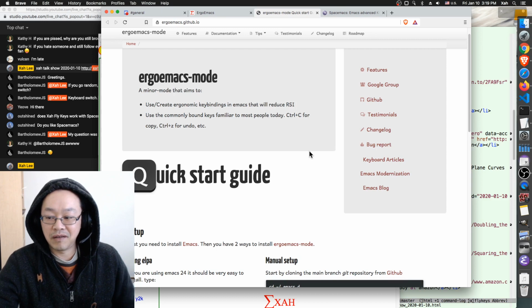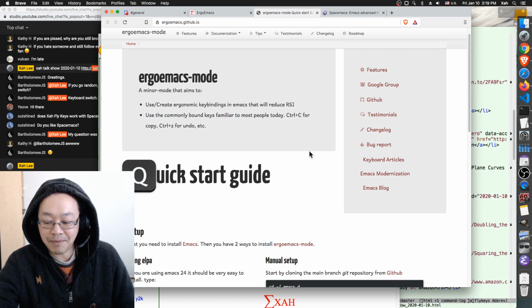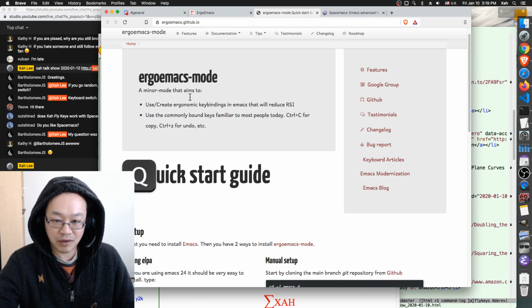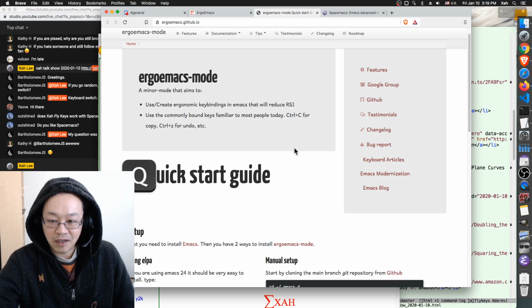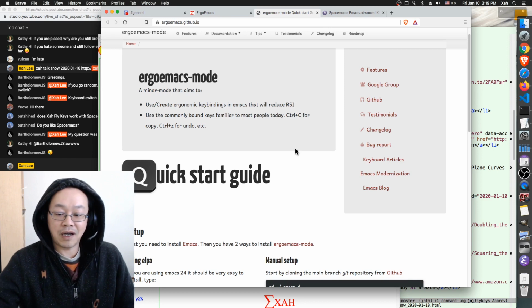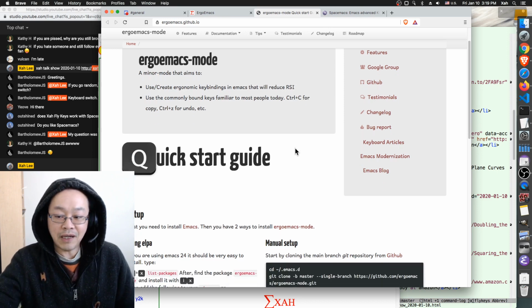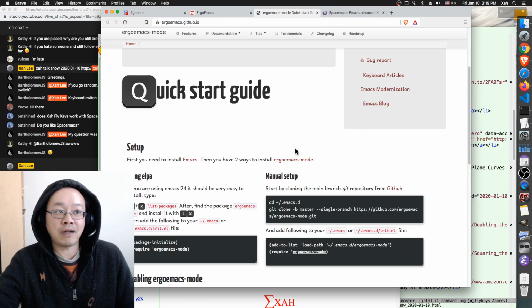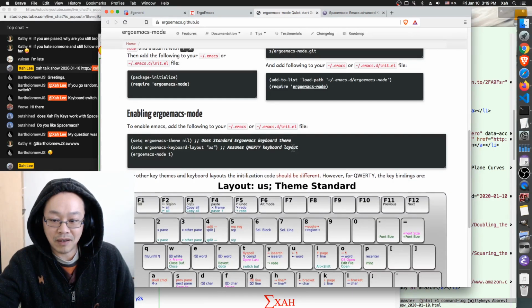However, the version there is kind of dilapidated. If you want ergoemacs mod, you want to use the version on MELPA. MELPA is not part of Emacs.